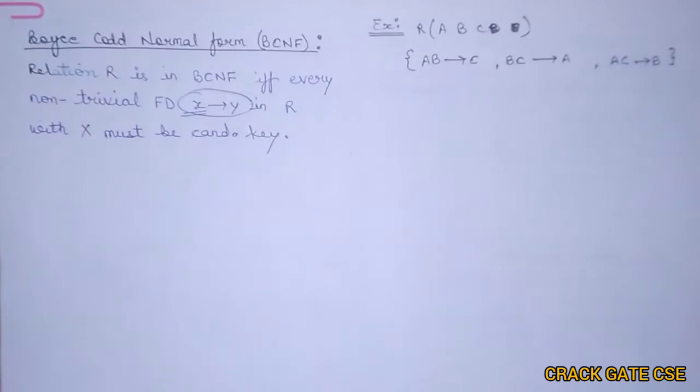That means if the left hand side is a candidate key, then the relation is in BCNF, otherwise it is not in BCNF. So unlike 3NF, in 3NF we have to check the left hand side. If it is a super key, then it's okay, and if it is not a super key, then we have to check the right hand side. But in BCNF we only need to check the left hand side, and if the left hand side is a super key or a candidate key, then the relation is in BCNF.